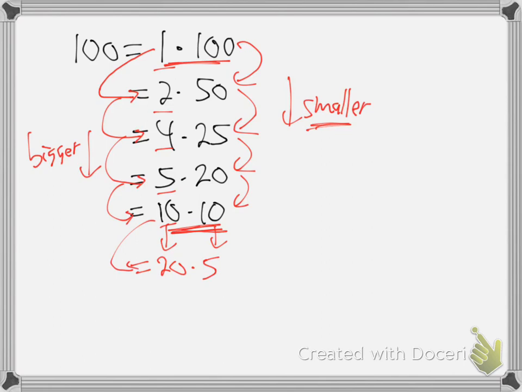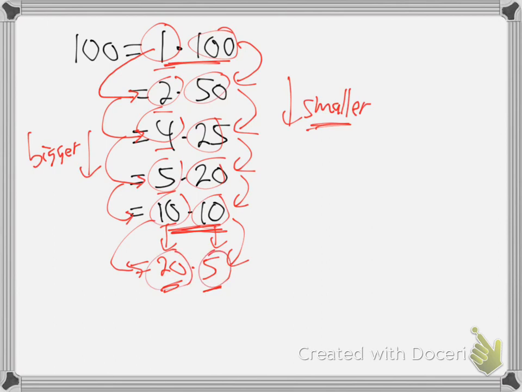See how this one got bigger, this one got smaller? Has to, because they're still making 100, aren't they? Now the one on the left is bigger than the one on the right. Before, the one on the left was much smaller than the one on the right. Then they get closer, tied. And now the ones on the left are bigger.